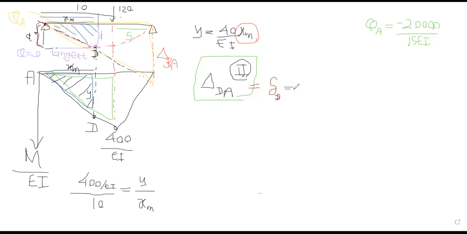So you can take the area of that moment. So it's half into 40 xm into xm, that is the area, right?